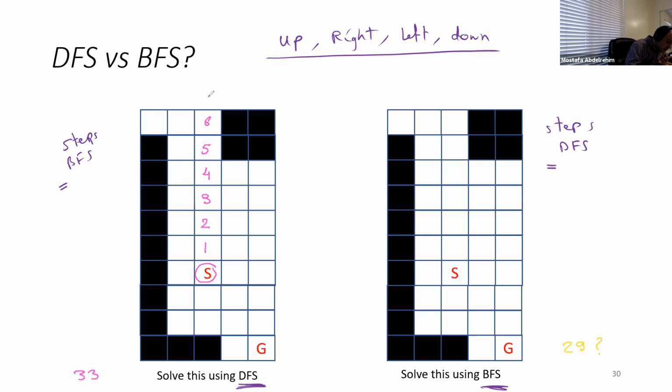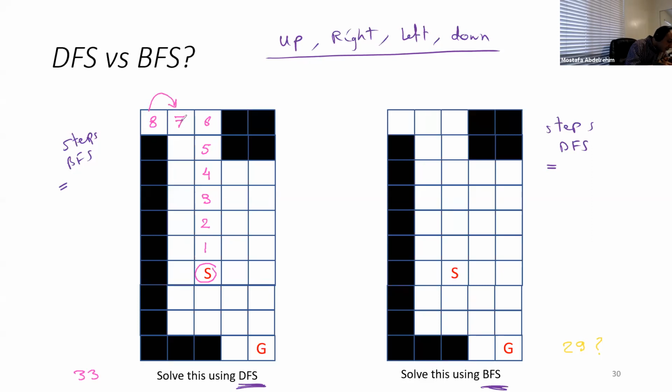At 6, we can't go up, can't go right, can't go left. So this is 7. At 7, we can't go up. We already explored this. We can go left. So this is 8. At 8, we can't go up. We explored this. This is just a wall, an obstacle. So we give up on it, and we go back to 7.